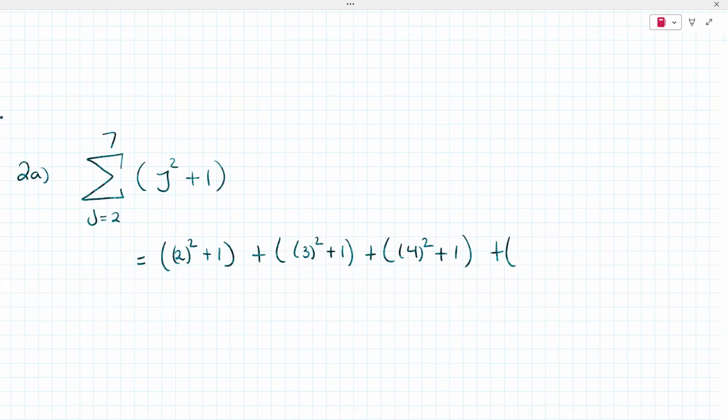So this would be 5 squared plus 1, 6 squared plus 1, and then 7 squared plus 1.